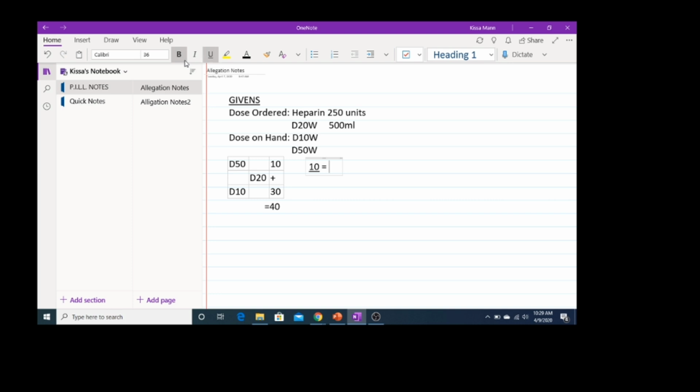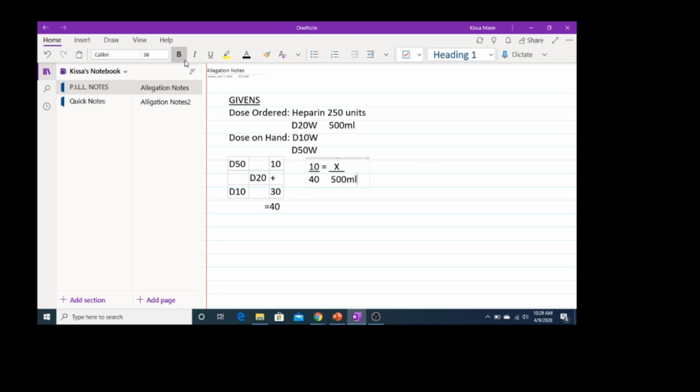That's kind of interesting. We'll put 40 here. Hard to control that underline. 40. Little space. And then we'll enter 500 milliliters.